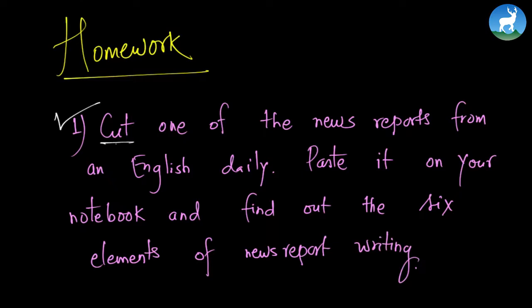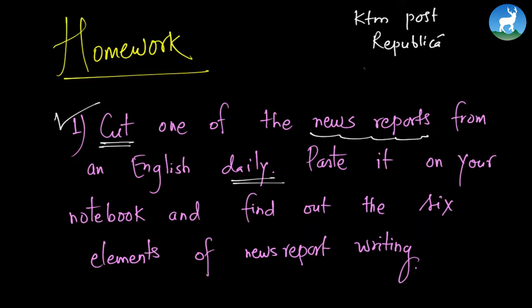All you have to do is cut one of the news reports from an English daily. Could be Kathmandu Post, it could be Republica, it could be the Rising Nepal, or the English edition of Annapurna Post, which is called Annapurna Express, right?